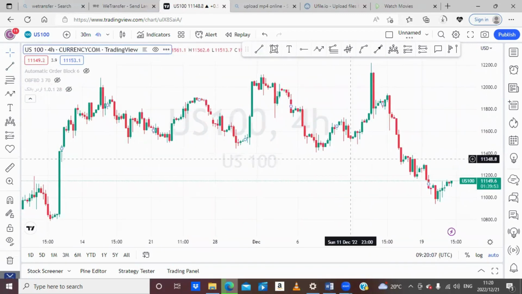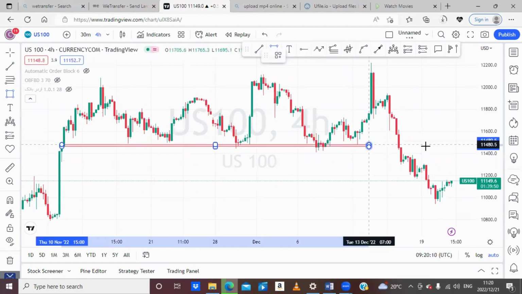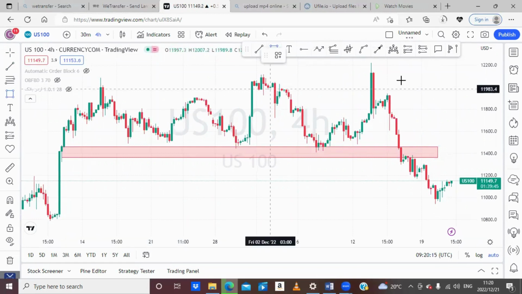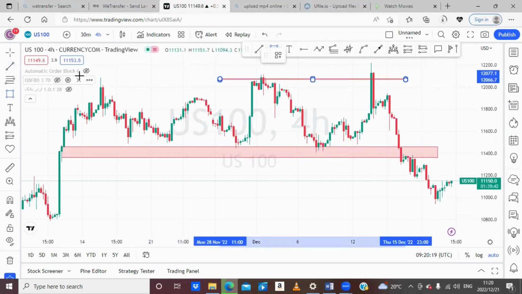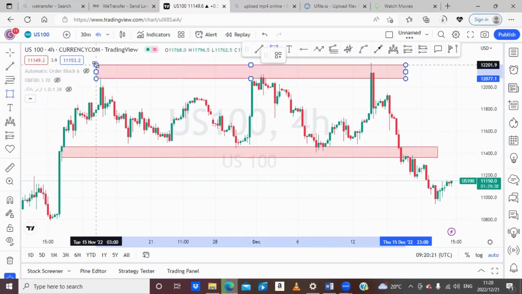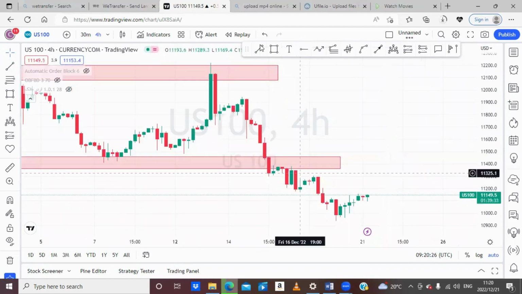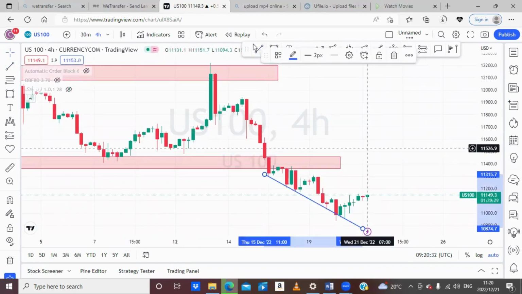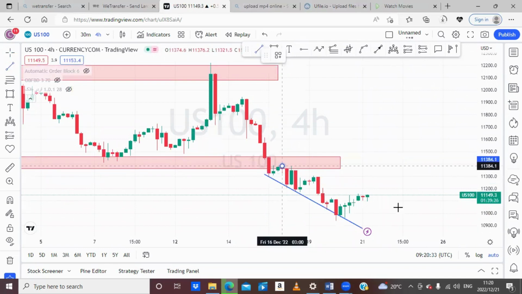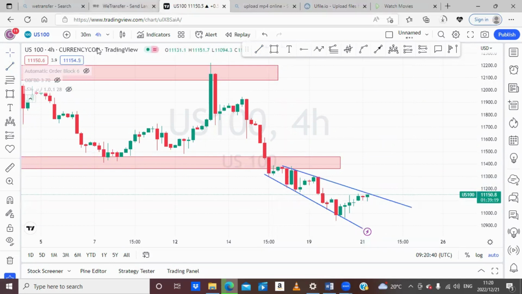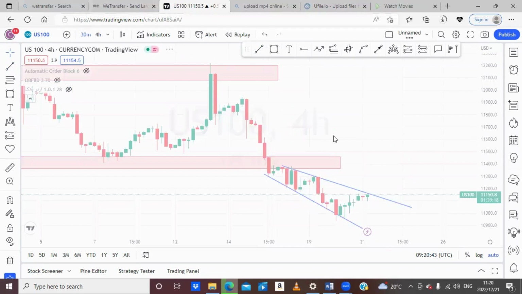The overall trend here, we come from a flat channel. Remember, we come from a flat channel, and we have a small downtrend here. But if you were to look at it on a bigger time frame, you realize that this movement here is a full downtrend.